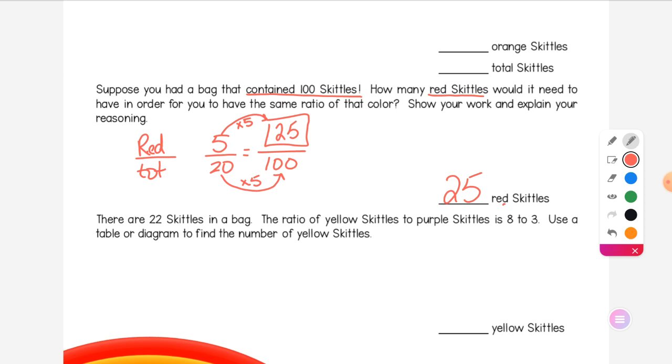What makes this one harder? Harper? It gives you 8 to 3 and then 22. Yeah, so it gives me the ratio of yellow to purple.